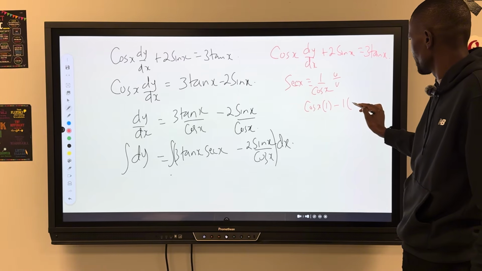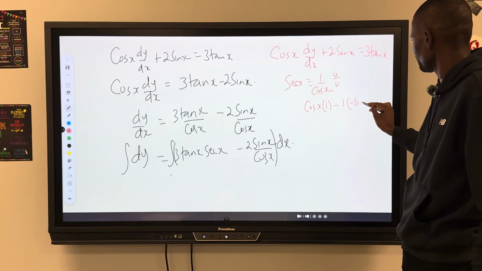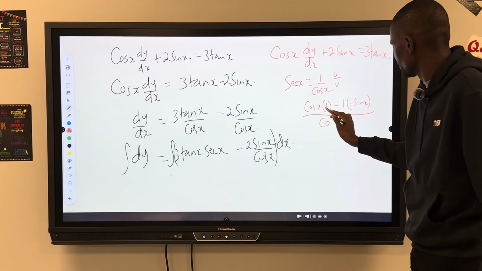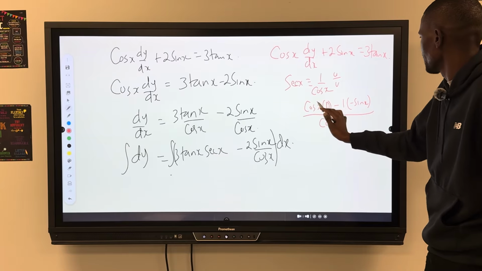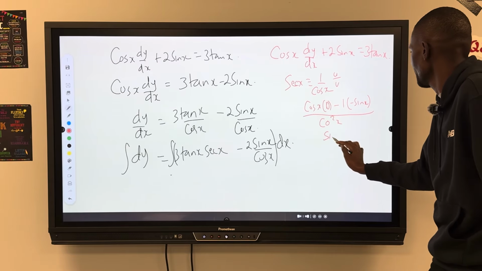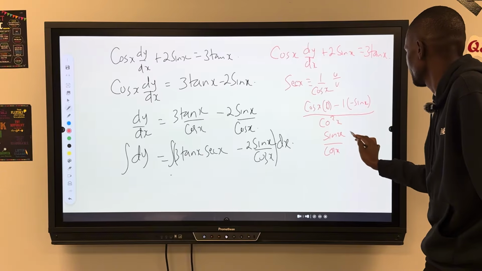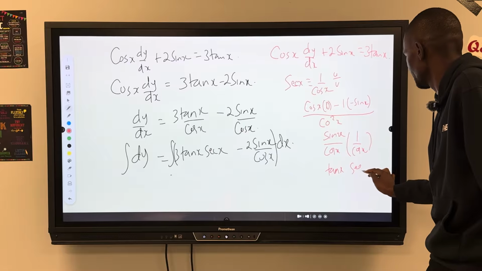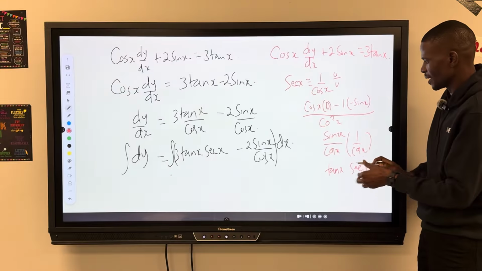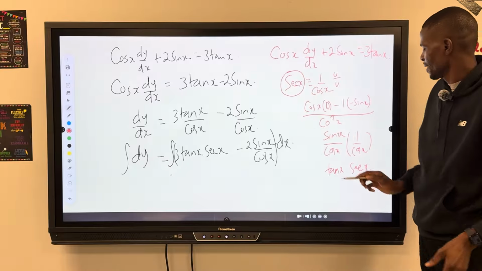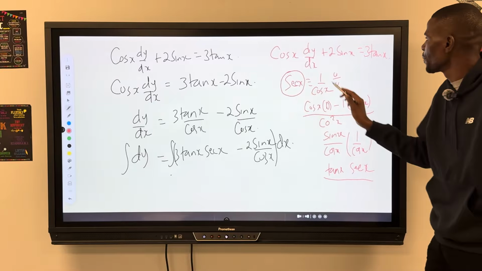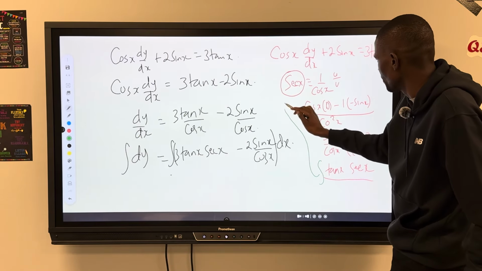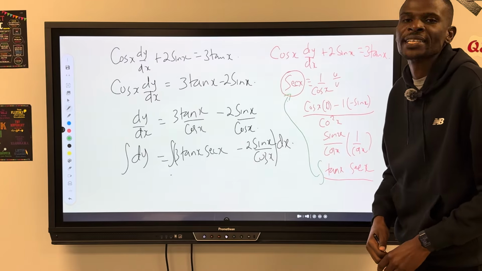If we differentiate cos x, we get negative sine, right? So we get positive sine x over cos x times 1 over cos x, which is tan x sec x. So if we differentiate sec, we are getting this. And when we integrate this, we should be able to go back to that point.